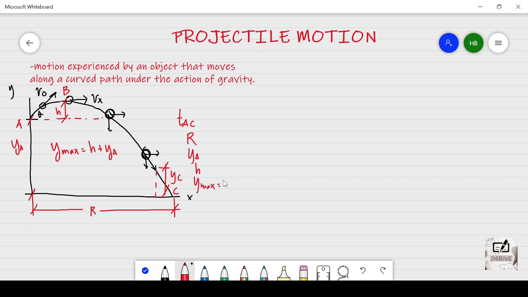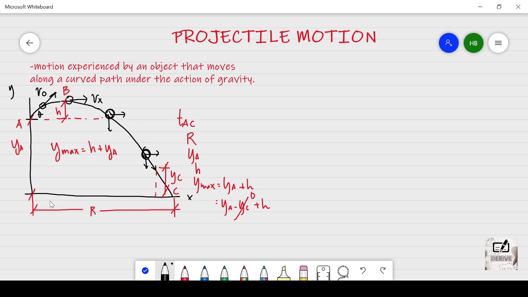It will be the total of YA plus H, or if you have a YC, then YA minus YC plus H. Of course, if you have no YC, just equate it to 0 and you have your YA plus H. But that approach, where you have a YA and also a YC, also falls on this third scenario. Okay, let us proceed.